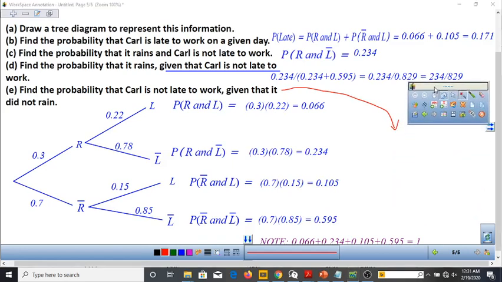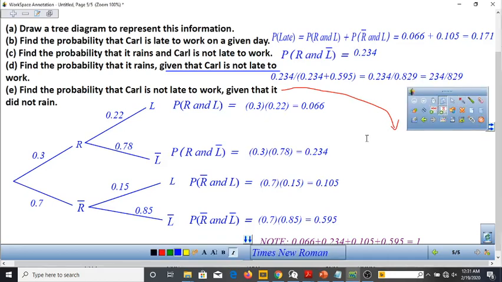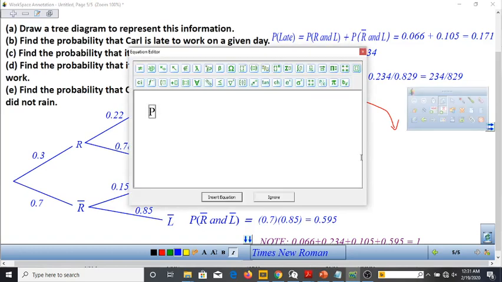So I'm going to draw a little arrow there. And what I'm going to say is, all right, we're going to do a little work here. So let me write that up here. We're going to write the probability that Carl is not late to work given that it did not rain.